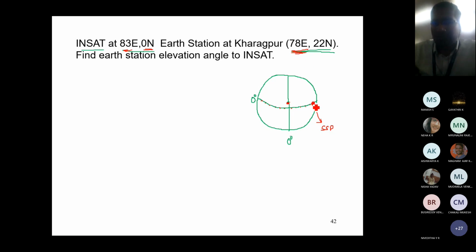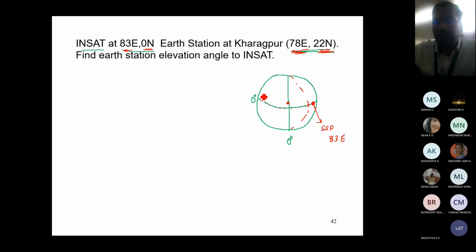Suppose this point is 83° east. So 78° east means it will come here, and that longitude line will pass like this. But latitude is also given. That means Kharagpur is not lying on the equator. It is present at 22° north.